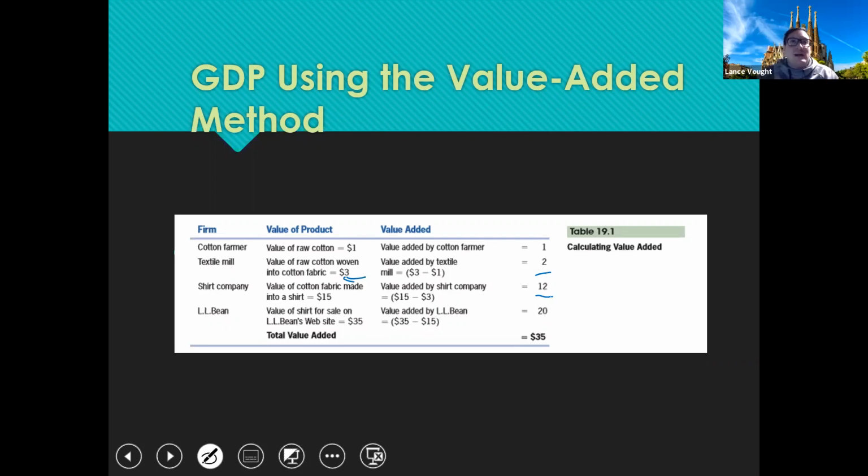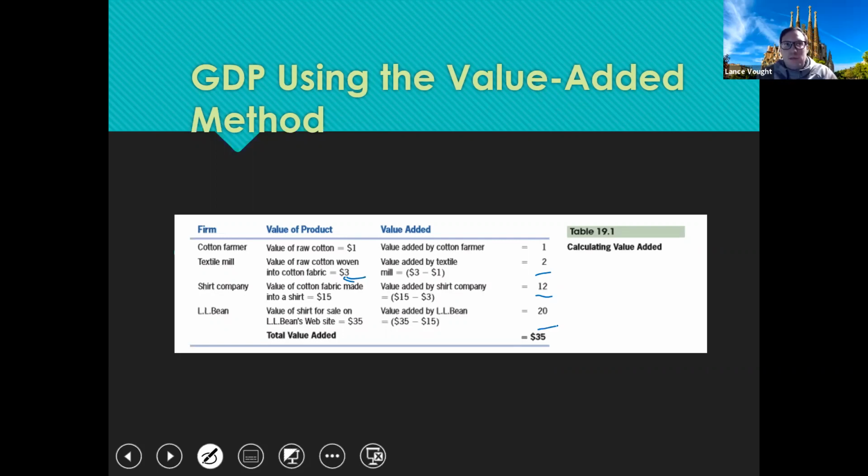And then last but not least, LL Bean buys the shirt for $15, screen prints LL Bean in the top left or right corner of the shirt, and then sells it on their website for $35. Well, by virtue of the trademark being put on their shirt and sold on their website, they end up creating an additional $20 in value from that cotton.